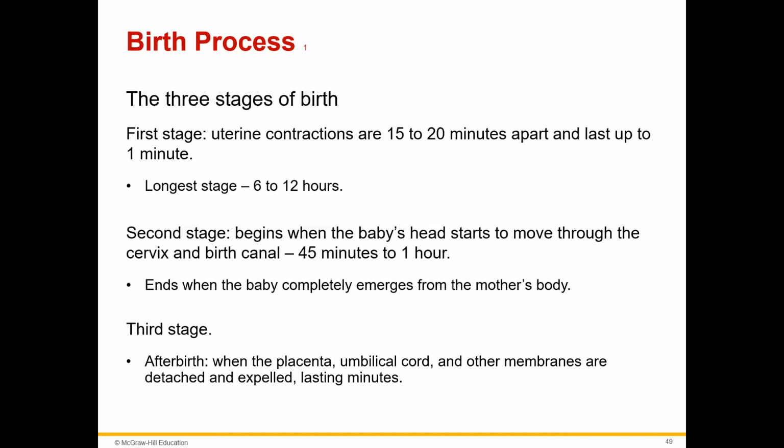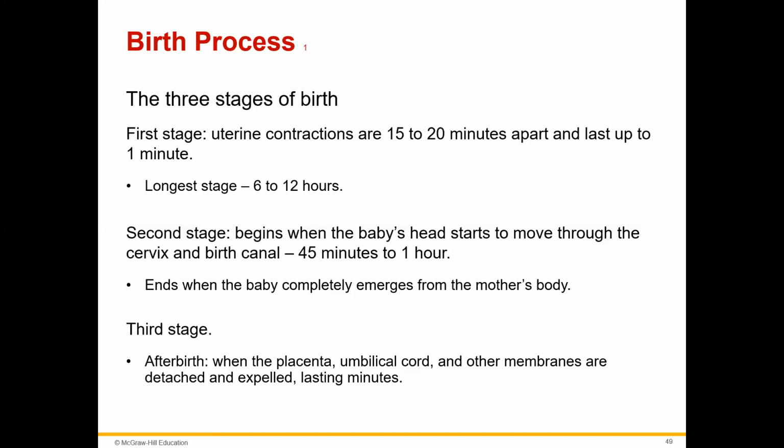It takes 45 minutes to an hour on average. Contractions during this stage come almost every minute. They last for about a minute each. So the contractions are coming fast and furious. The woman is urged to push during the contractions, and the stage ends when the baby emerges from the mother's body.